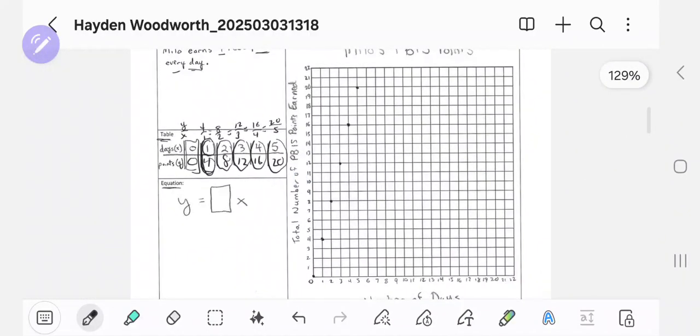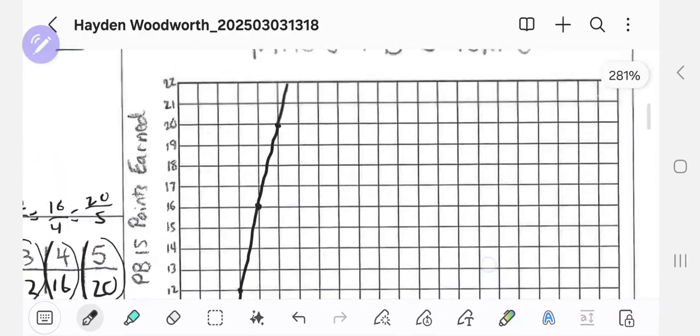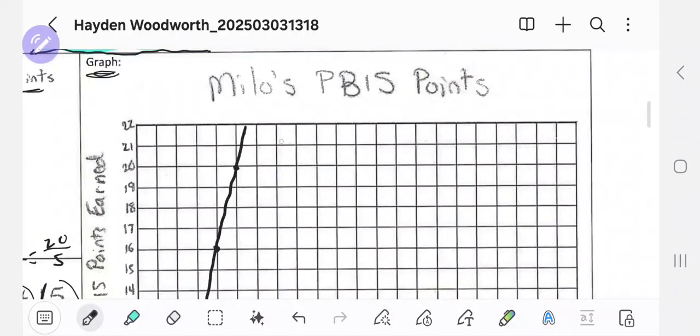I'm going to zoom out. I'm going to try to draw the straightest possible line I can draw. It's not perfect, but you get the idea. Now, this shows another characteristic of proportional relationships. Write this down: proportional relationships always are, what do you notice about that?